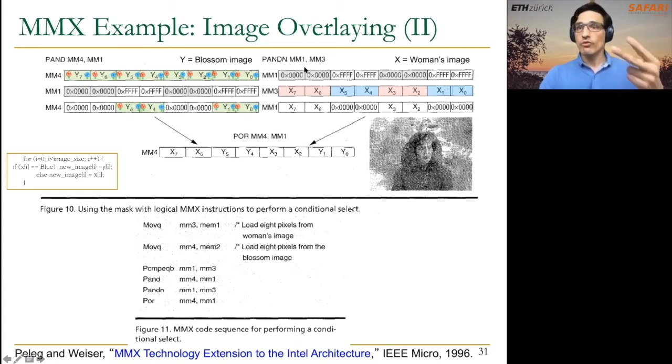This means that we first flip this mask and then we perform the AND. So these zeros will be ones, and then we do the AND with these elements here, and we obtain this output: pixels from the woman and then zeros. Finally, we do an OR with MM4 and MM1 as the input operands, and this is the result. This would be the woman in front of the blossom background. You can see here how you would need to write this code.